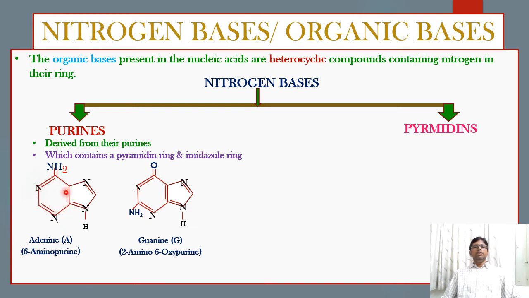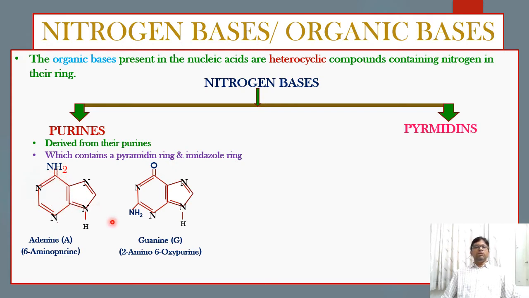It looks like a benzene ring. Nitrogen is present in the first and third positions in place of carbon, and one amino group is present on the 6th carbon.